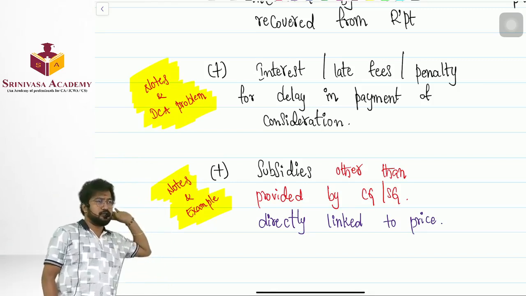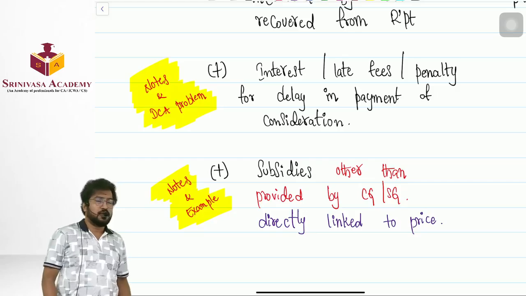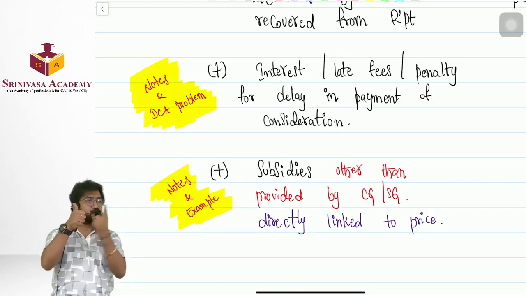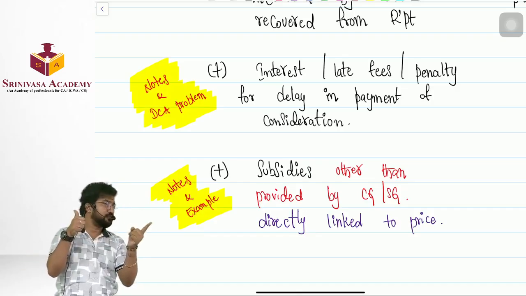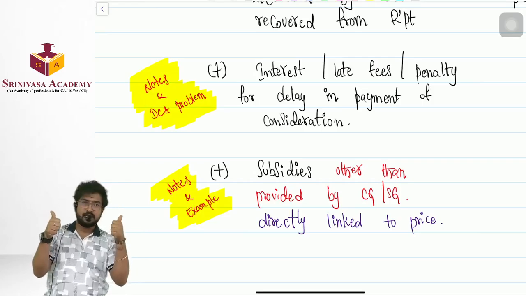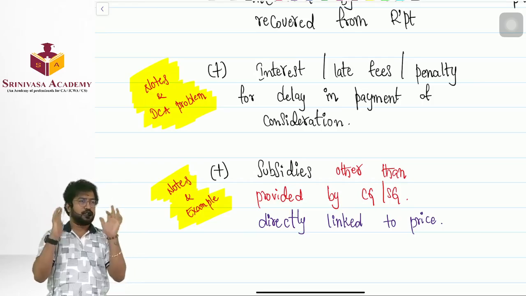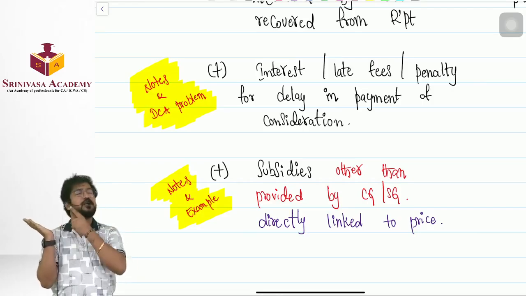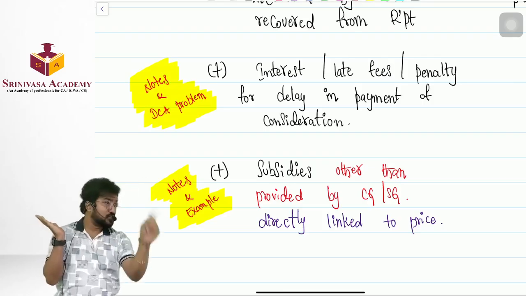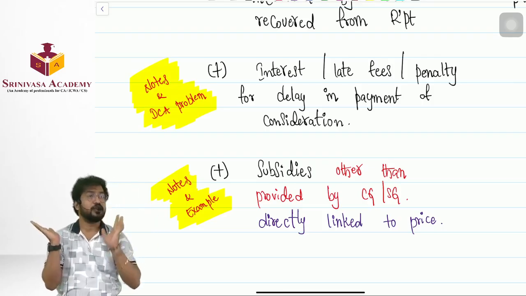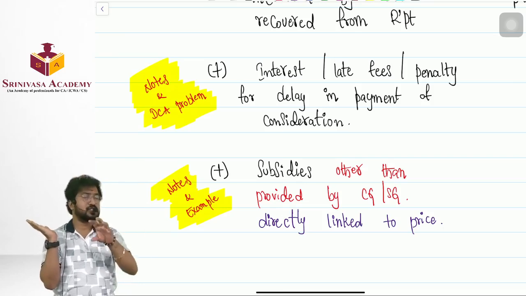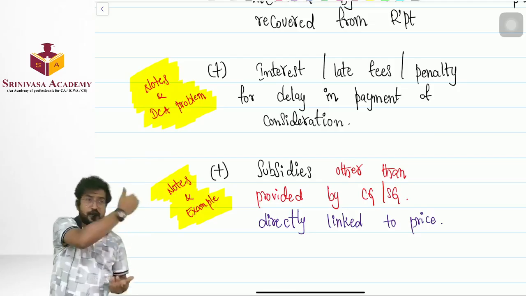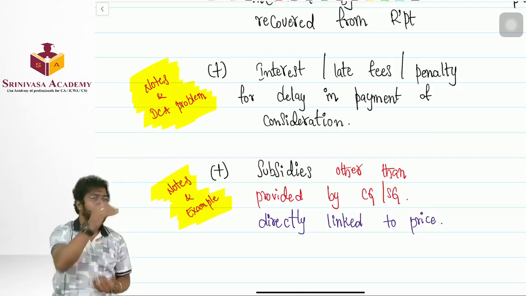Am I clear? Next, the last fifth point is what? Subsidy. Listen carefully. In subsidy, there are 2 points. First thing, it should be directly linked to price. Second thing, it should be received from any person other than the central government or state government. In the question, be careful. They will say this is not linked to price, like setting up the factory, using the electricity properly, or government giving subsidy for less utilization of petrol and diesel.